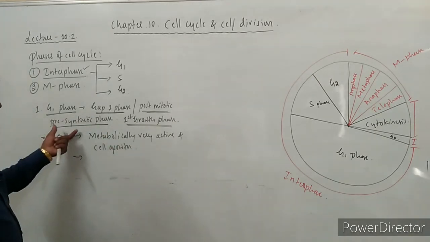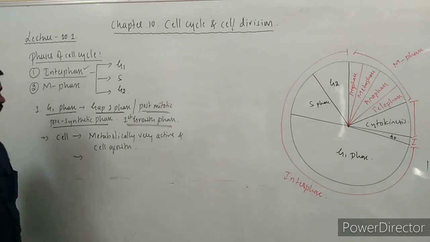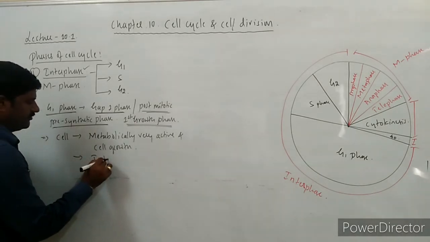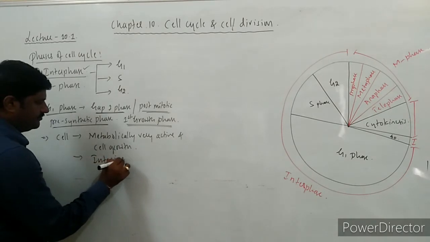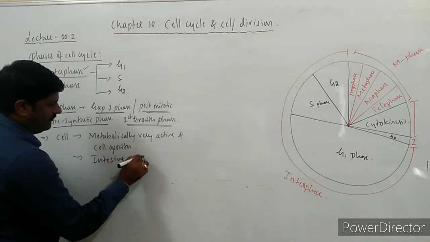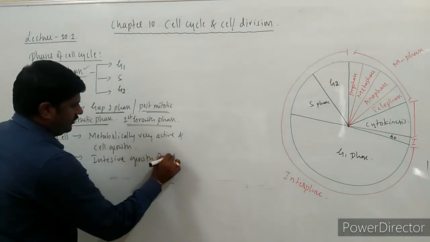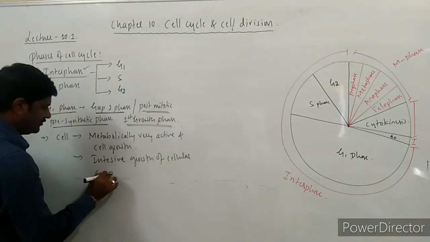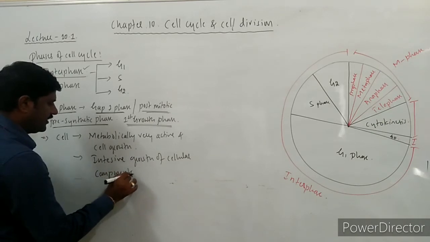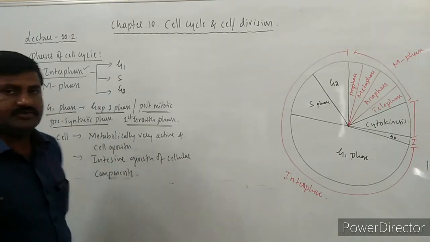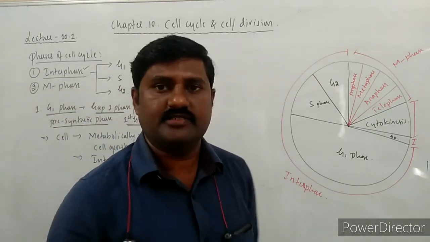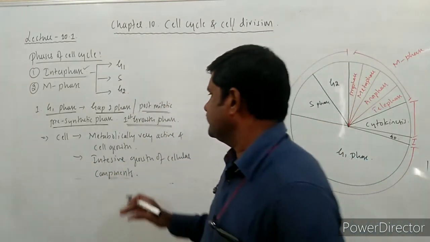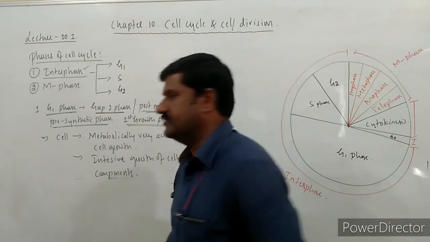So during this stage, the intensive growth of cellular components is taking place. Intensive growth of cellular components, many cell components except DNA, is taking place over here in this phase also.